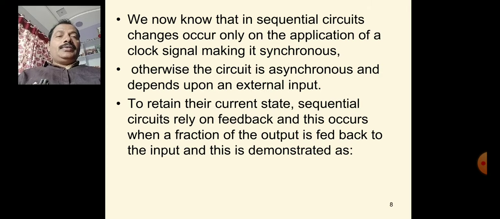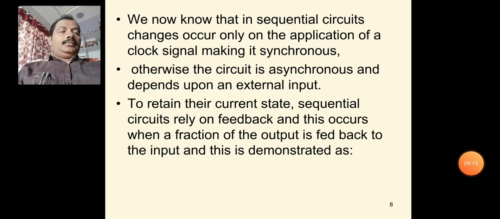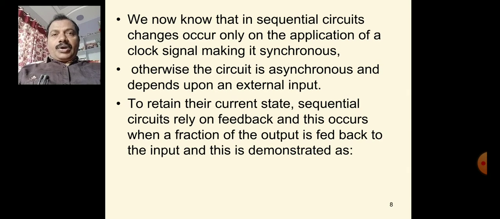So let us see. We know that in sequential circuits changes occur only on the application of a clock signal, making it synchronous. Otherwise, the circuit is asynchronous and it depends upon the external inputs only. Because the sequential circuit performs its job in synchronism with the clock signal, hence it is called a synchronous circuit.